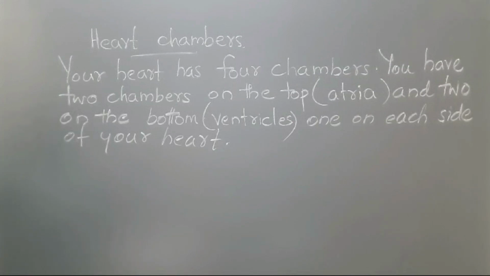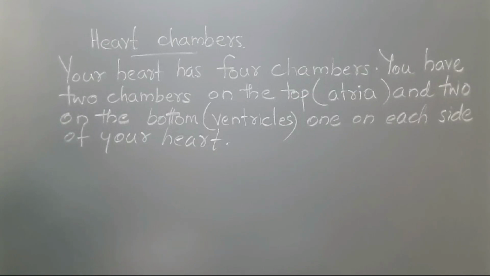Heart chambers. Your heart has 4 chambers. You have 2 chambers on the top, which are called atria. Atria is plural. And 2 on the bottom, which are called ventricles, 1 on each side of your heart.